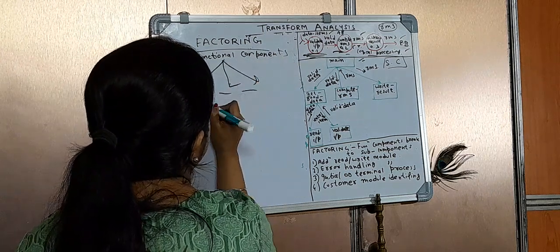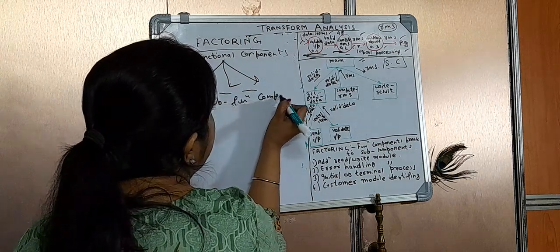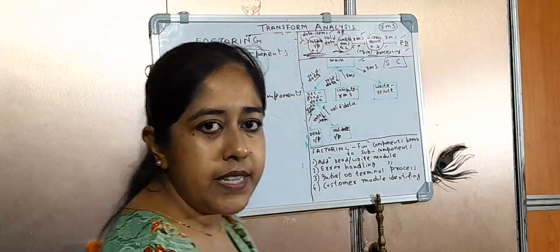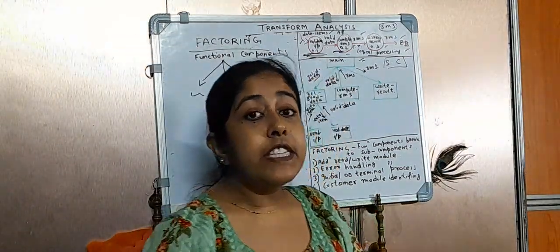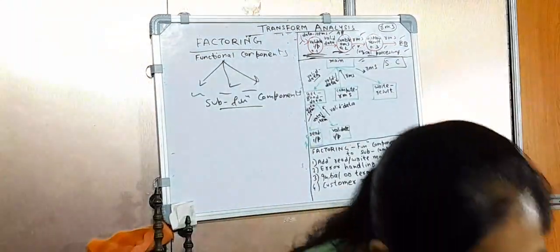These are our sub-functional components. So breaking of the functional component into sub-functional components is known as factoring.